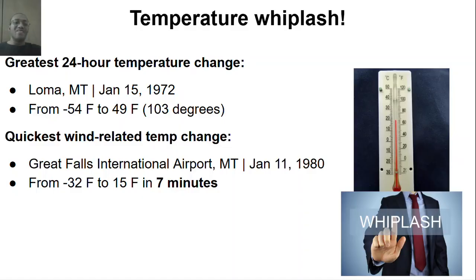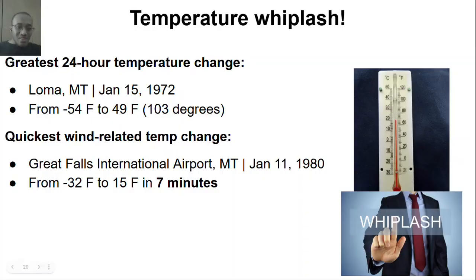And then lastly, the quickest wind-related temperature change. This was recorded at Great Falls International Airport back in 1980. That day, strong Chinook winds gusting at high speeds quickly reached the surface near the airport, bringing with them higher temperatures as they warmed up on the descent.